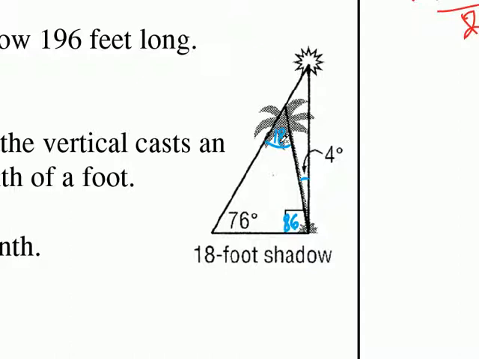How is that going to help us? We have to find how high the tree is, this slanted one right there. Don't you have to do the law of cosines?